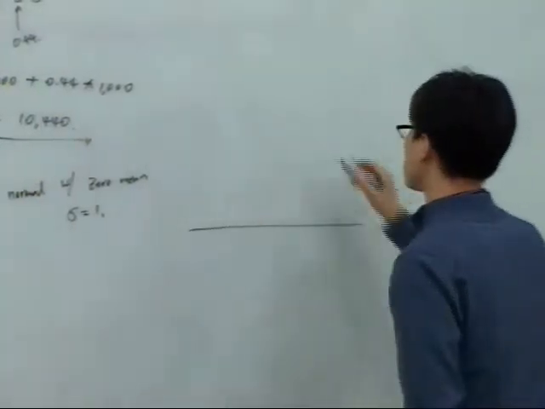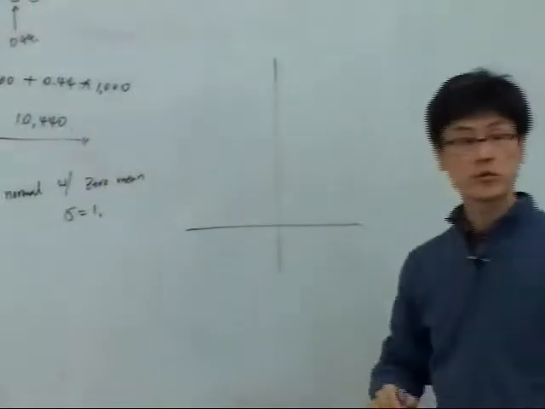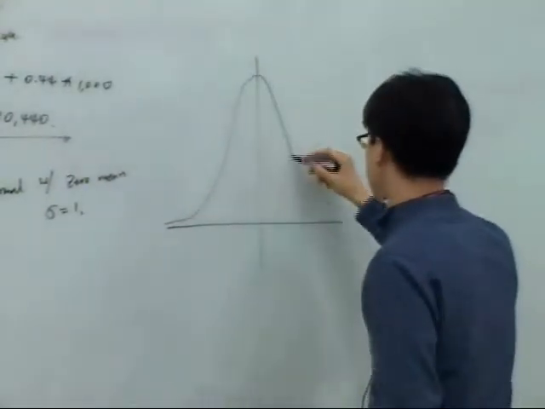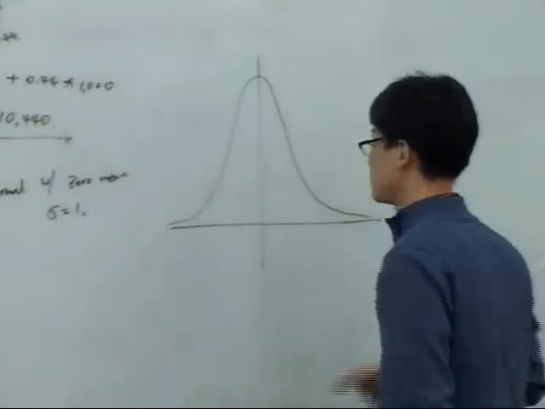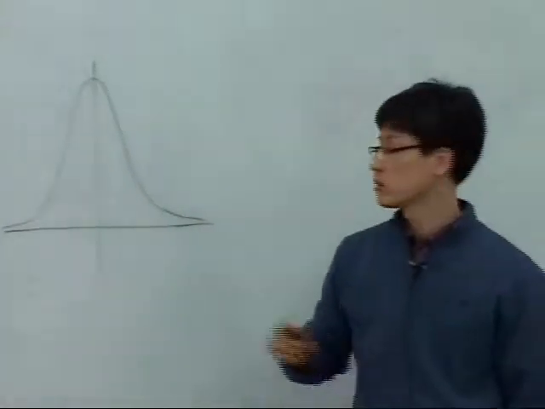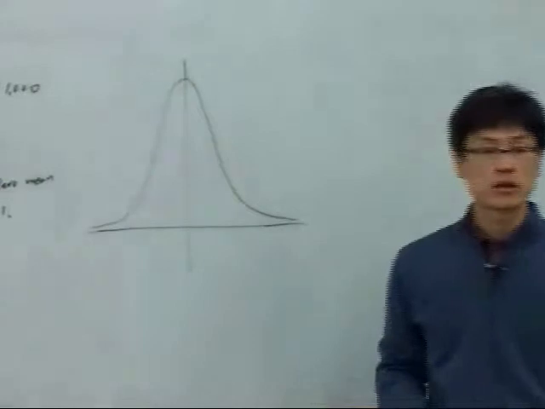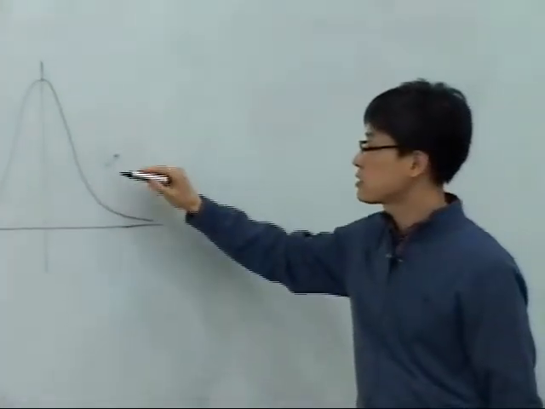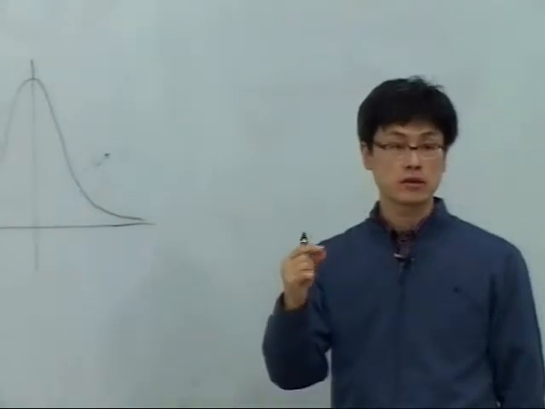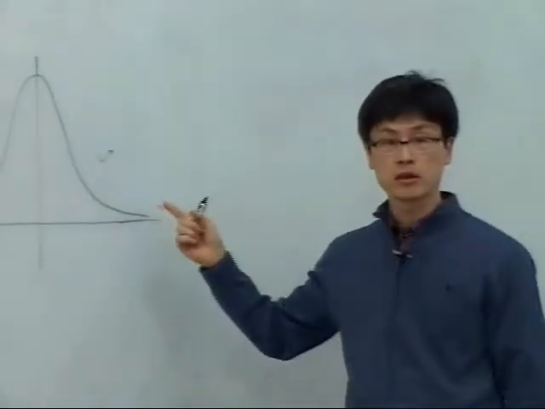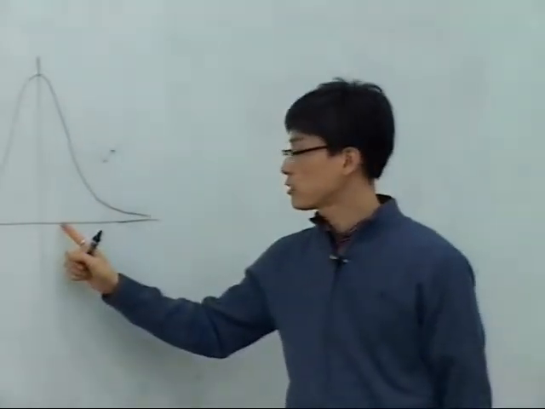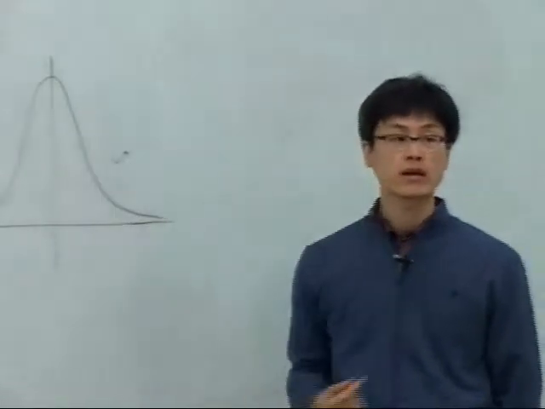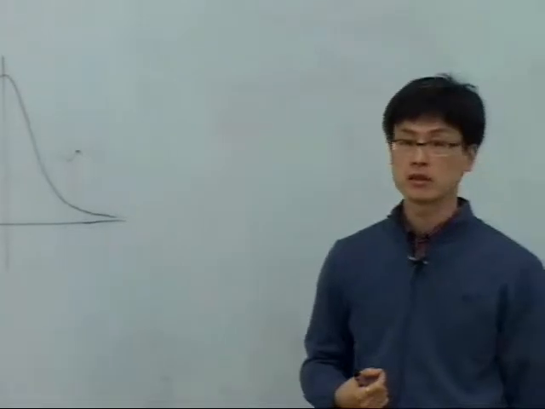If we draw that normal distribution graph, it will look like something like this. Okay? And if you browse some mathematics book, you can actually see the exact function, the formula, right? And whenever you plug in some x-axis value, you can easily calculate the y-axis value, right?